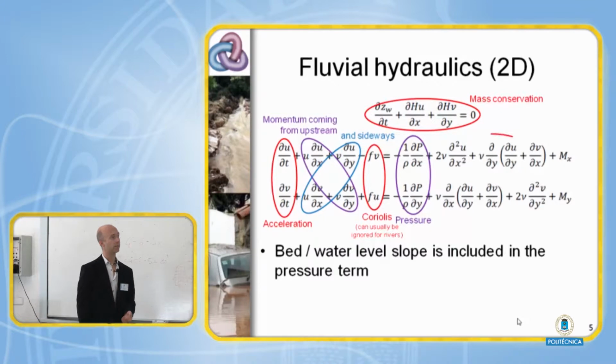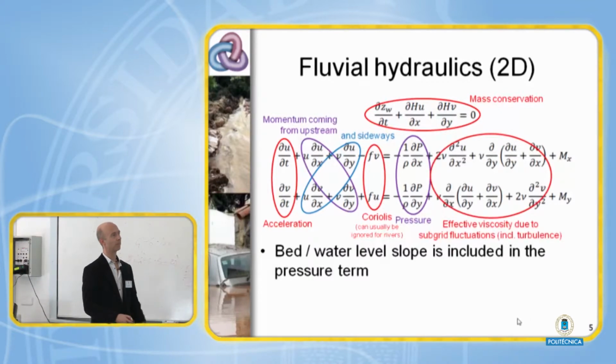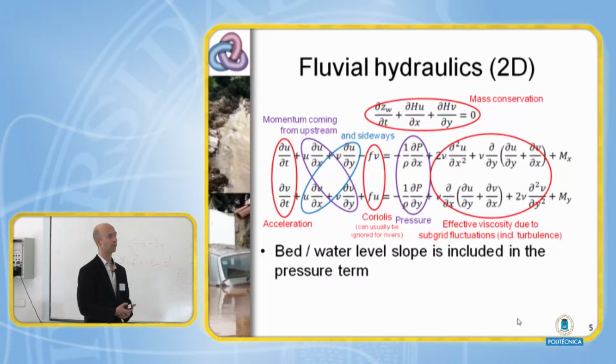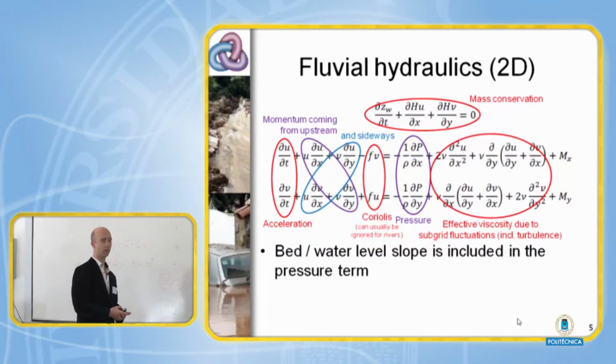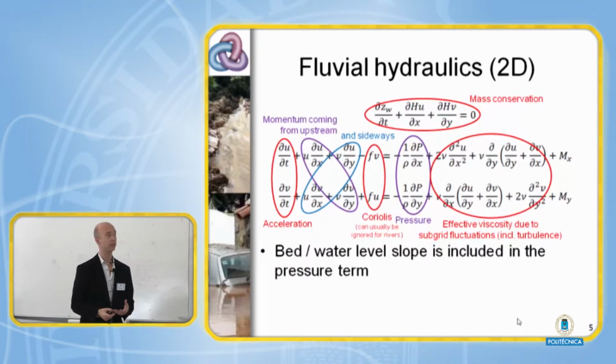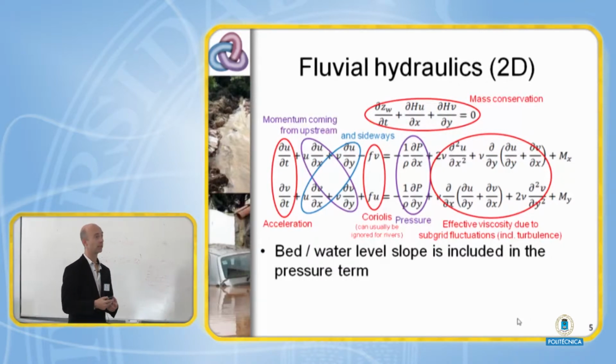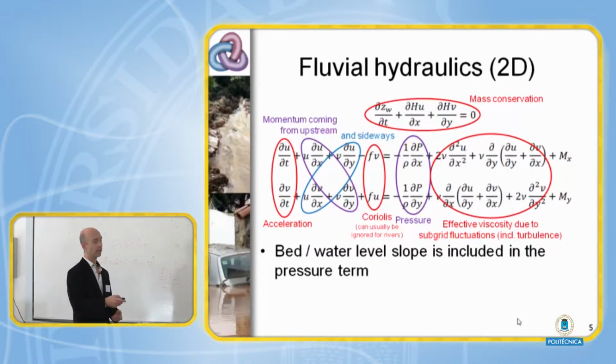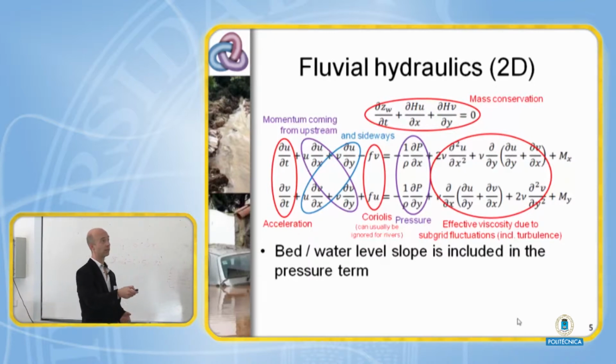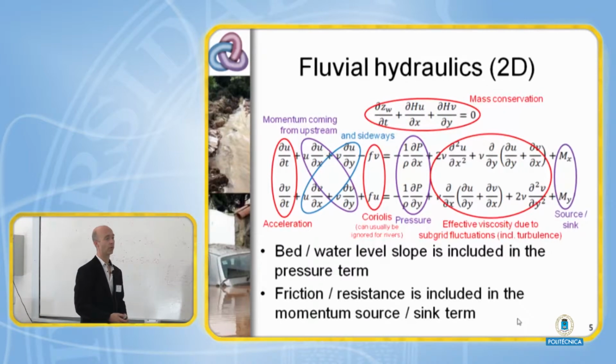Then we have a quite big term, the effective eddy viscosity due to all kinds of subgrid fluctuations and turbulence. Fine-grained eddies which are not resolved by the grid tend to end up in this part. And then we have sources and sinks for momentum.